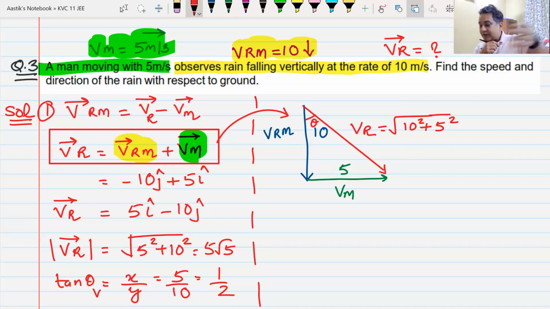Tan theta will be 5 by 10. So you get both the answers by drawing a simple diagram. Do we understand this? This is method number 2. Both are the same. In one, I have done it by writing. In the other, I have done it by drawing it. You understand this, yes or no?